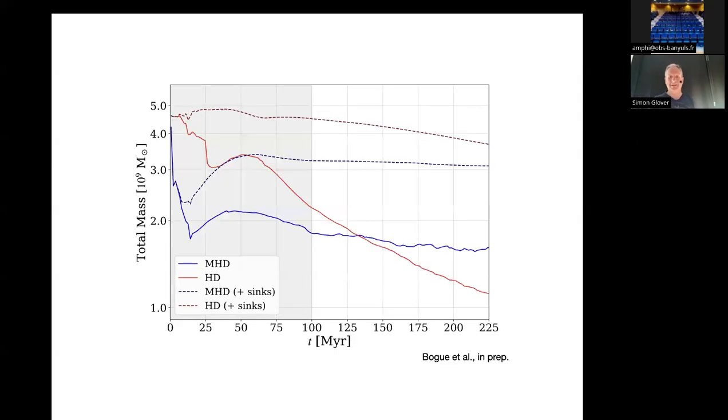Here is a nice example from a paper in prep from one of my collaborators. What he's doing here is looking at the total mass in gas in his simulations as a function of time in the hydrodynamic case, which is the red curves, and the MHD case, which is the blue curves. I want you in particular to look at the red curve.